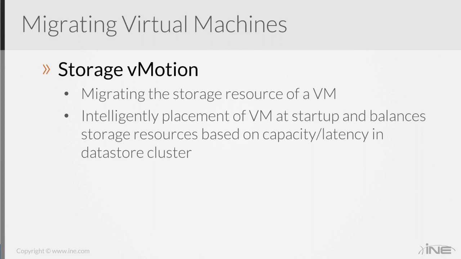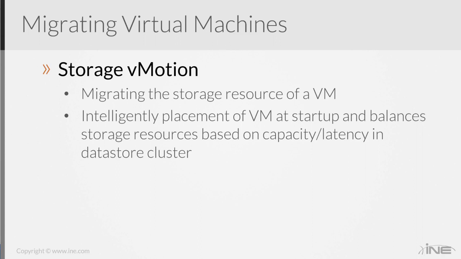This operation is completed using the VMkernel data mover on the ESXi host, or it's offloaded to the storage array if that array supports the vSphere Storage APIs for Array Integration, or VAAI. VAAI is basically hardware acceleration capabilities on our storage array.